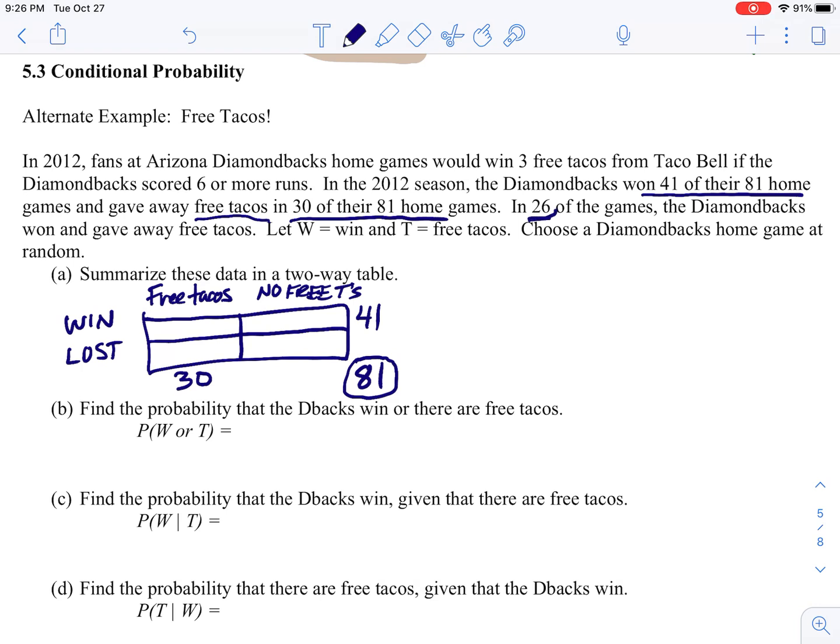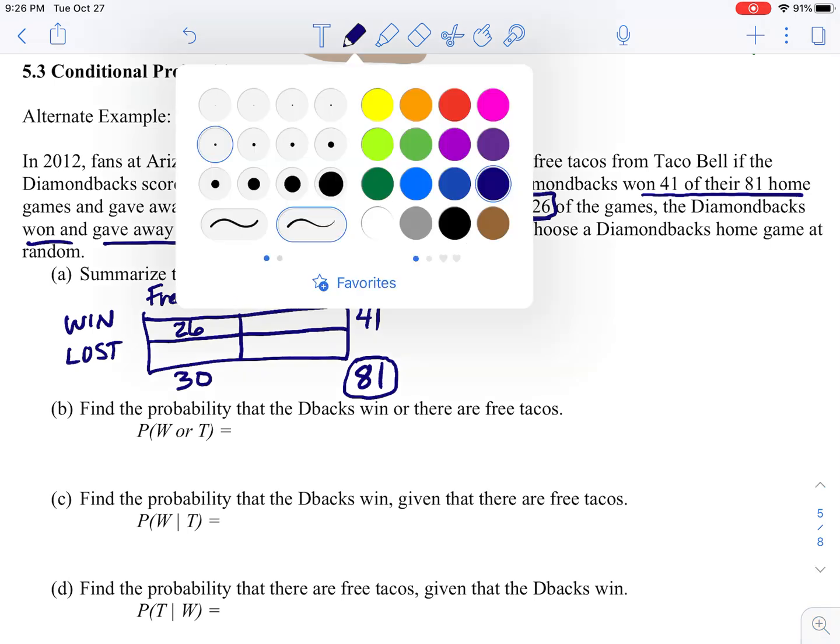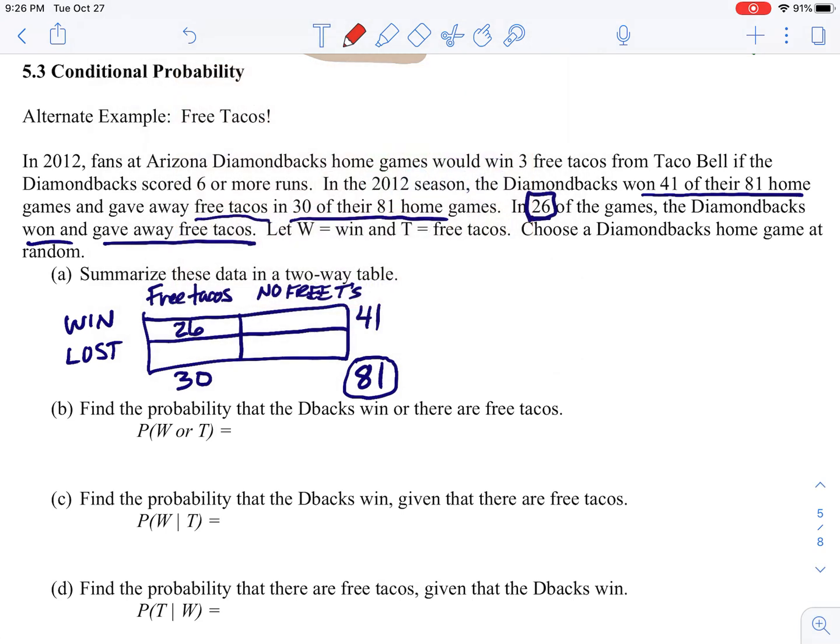In 26 of the games, it says, they gave away free tacos and they won. So that's always kind of the clincher. That would be the intersection of the free taco column and the win row. And that usually is enough information to fill out all the rest of the table. So you've got the total of the free, you got the total of the wins, you got the total, and then you got the overlap.